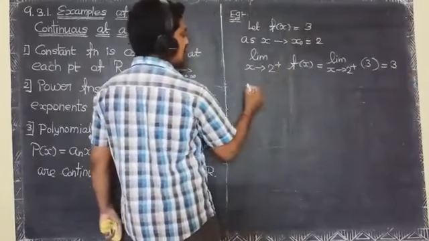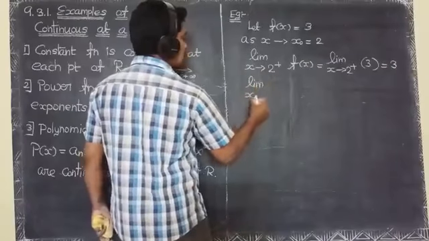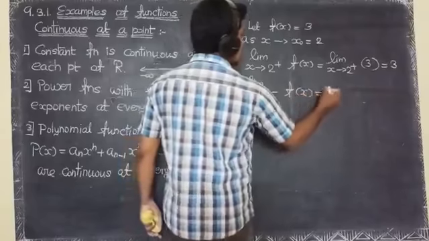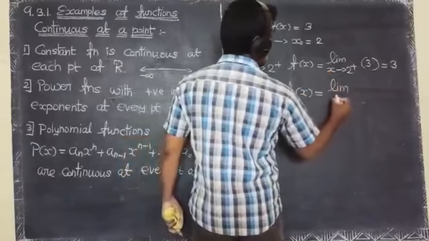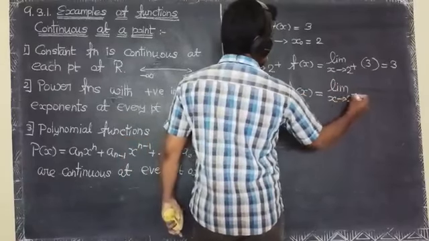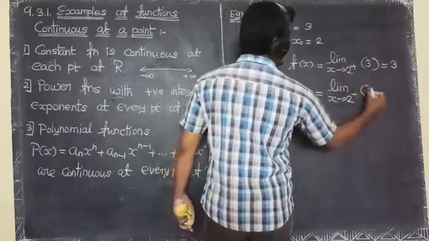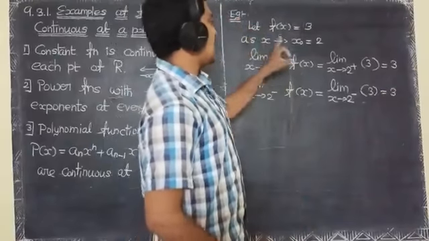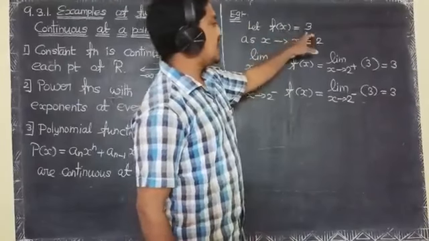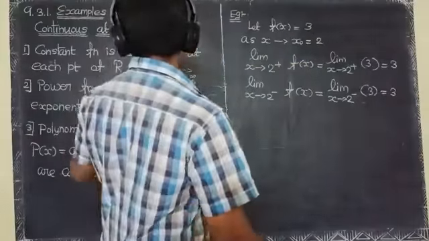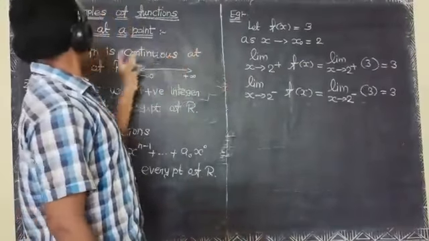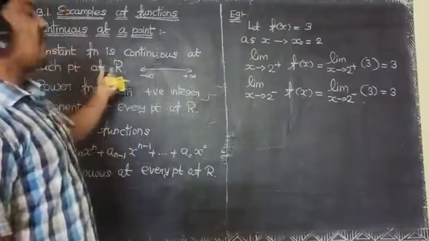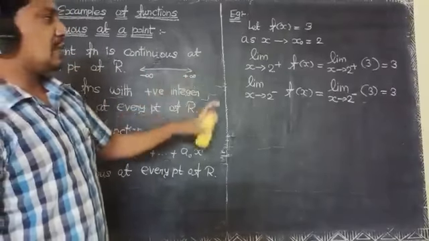To find the left limit, the limit as x approaches 2 minus of f of x is equal to 3. Both ends are equal and defined for the given function. Therefore the constant function is continuous at each point of capital R, that is real numbers.